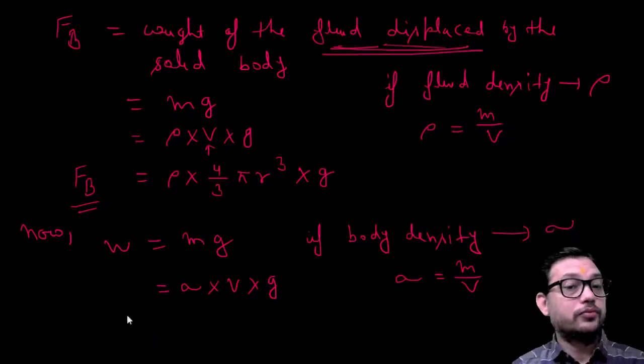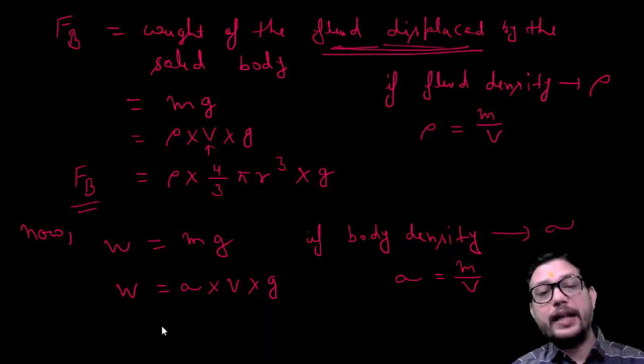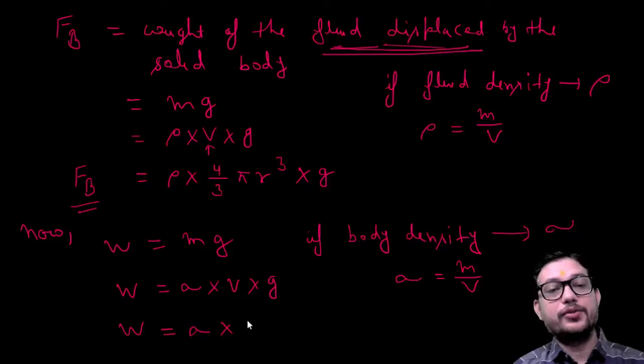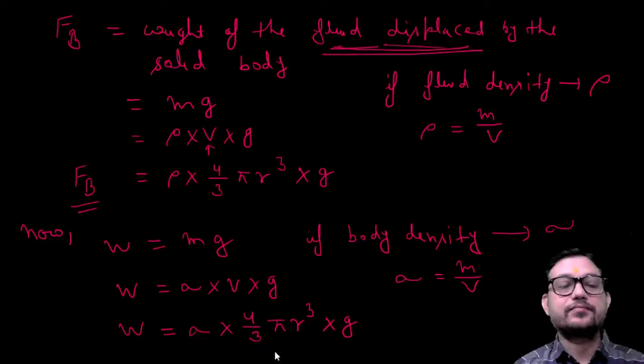Now volume must be equal, as I have already told you. So in place of capital W we can write sigma into 4 by 3 pi r cube times g.